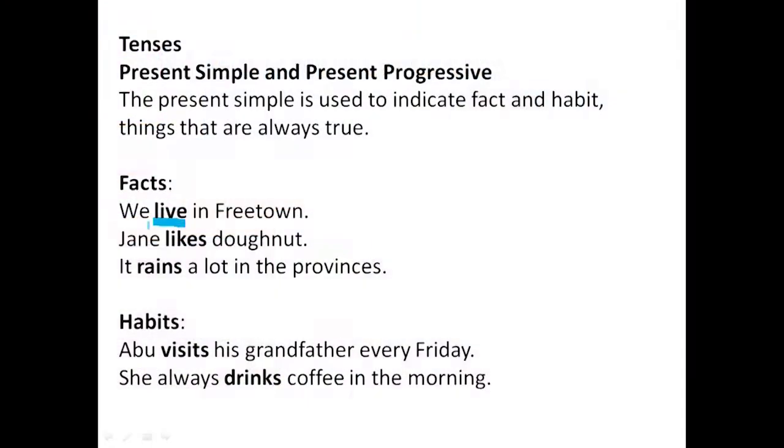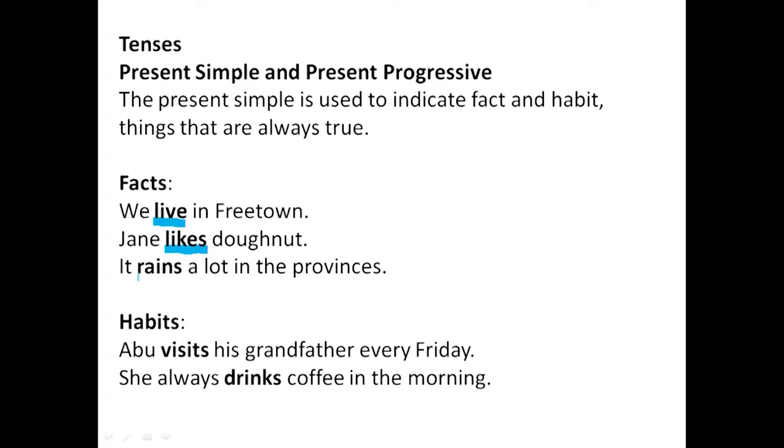So let's have some examples regarding present simple, talking about fact. So we have here, we live in Freetown. We live in Freetown. A very key element at that. We live in Freetown. We don't say we are living in Freetown. That could be a different case. So we come down to, Jane likes donut. Jane likes donut. So likes there is a present simple or present tense.